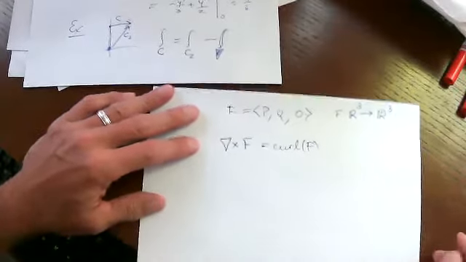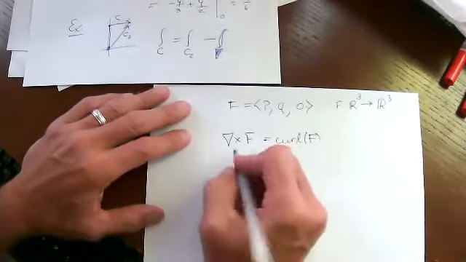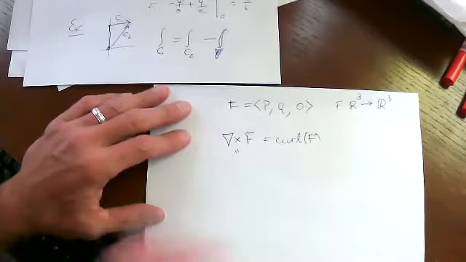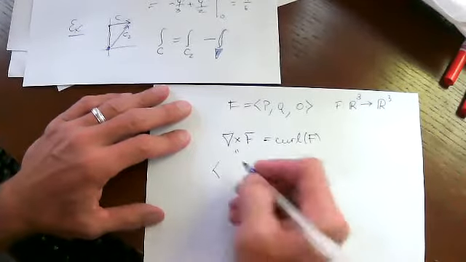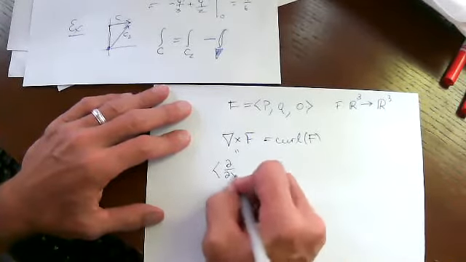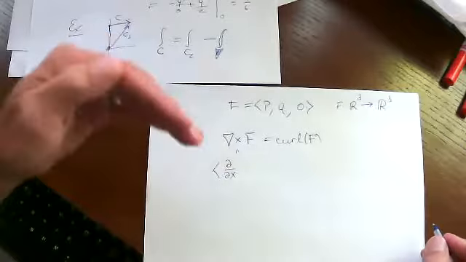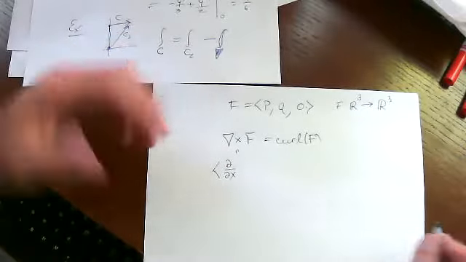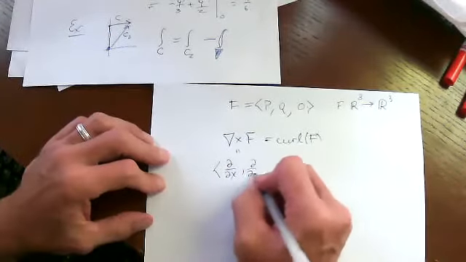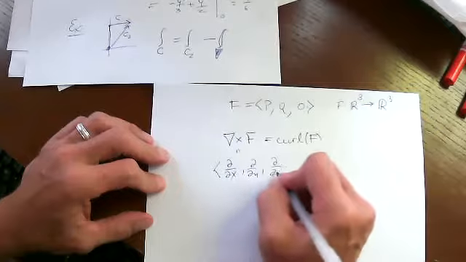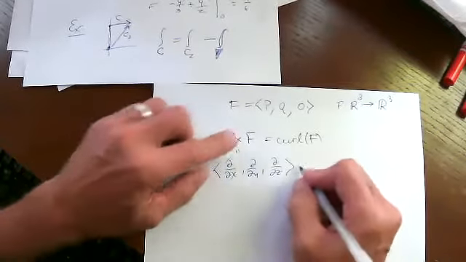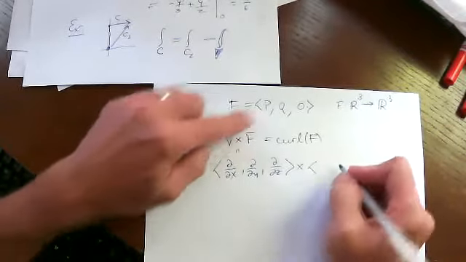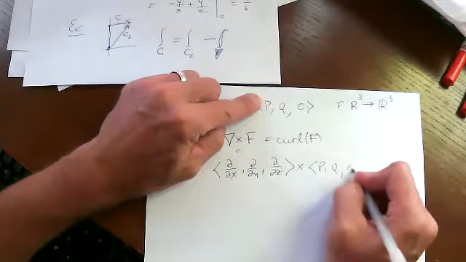This notation is supposed to make you think of how to compute the curl. You're taking this gradient symbol, which is treated as this vector. It's the partial with respect to x operator, and then the partial with respect to y operator, and the partial with respect to z operator. And you're taking the cross product of that with this vector, p and q and 0.